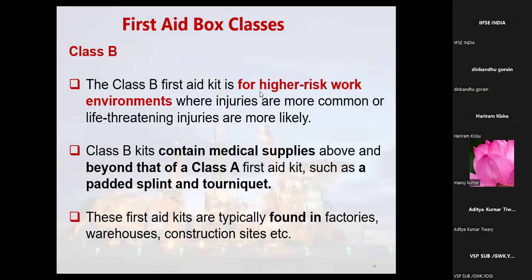Then coming to class B. Class B is for higher risk work environments where injuries are more common and life-threatening injuries are more likely. Class B contains medical supplies beyond class A, such as a padded splint or tourniquet. These first aid kits are typically found in factories, warehouses, or construction sites.